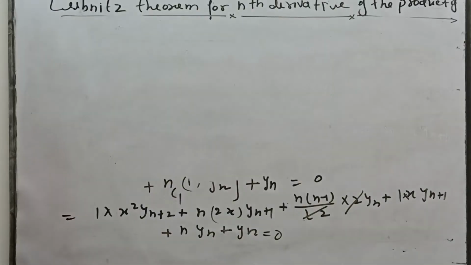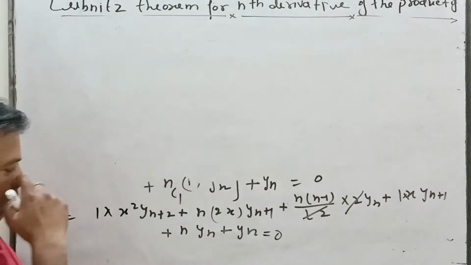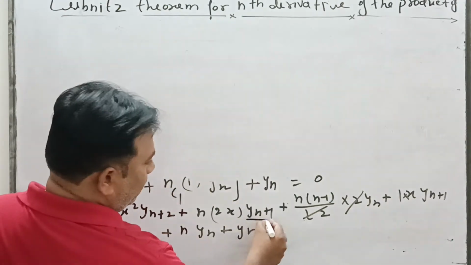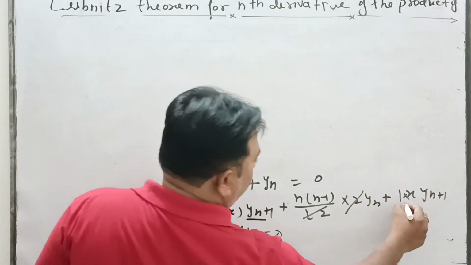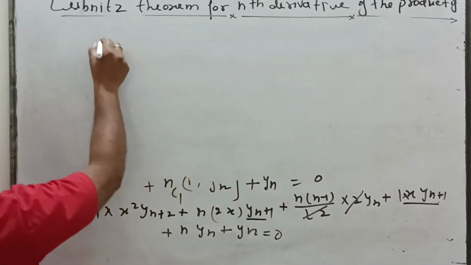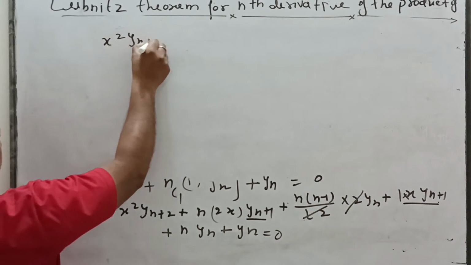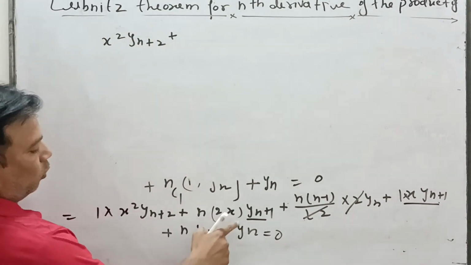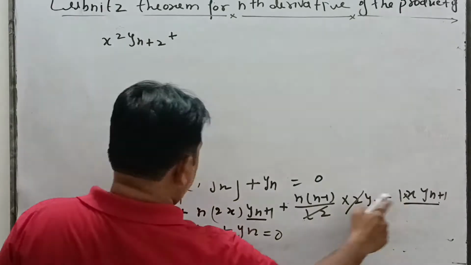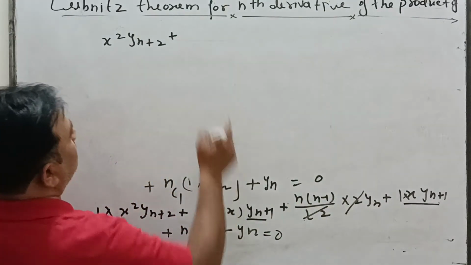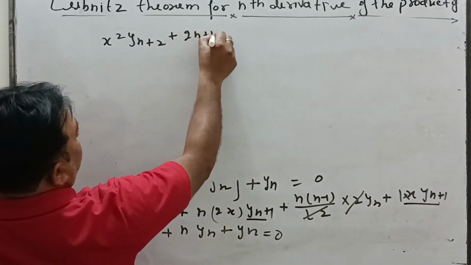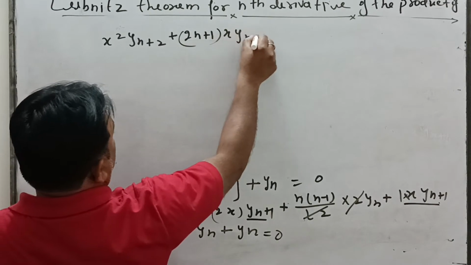So now again the value of y n plus 1 and this is y n plus 1. So x square y n plus 2, plus common out of this y n plus 1, y n plus 1 and x, so (2n plus 1) x y n plus 1.